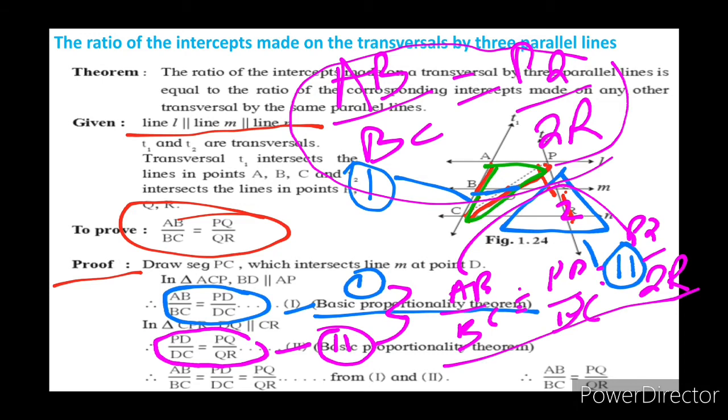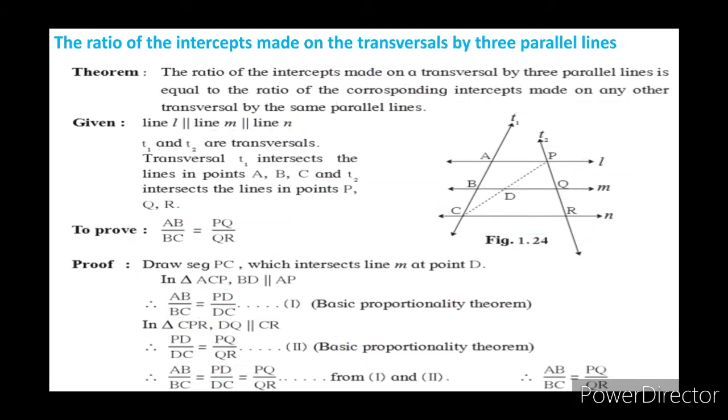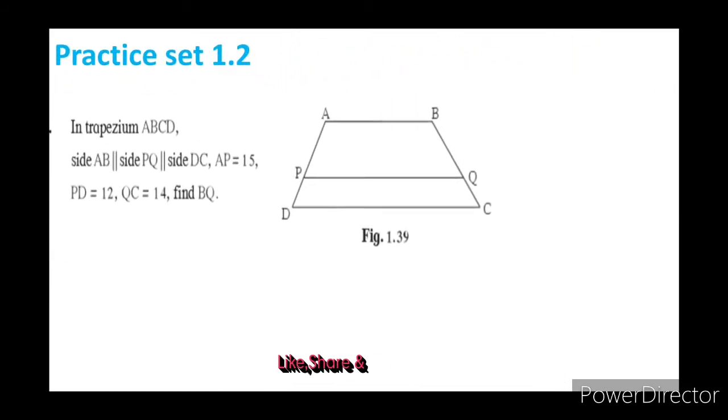Now let's see the problems on this theorem. Read the problem carefully. In trapezium ABCD, side AB is parallel to side PQ parallel to side DC. So ये trapezium दिया हुआ है, इसकी तीनों sides कैसी है, AB, PQ and DC are parallel.